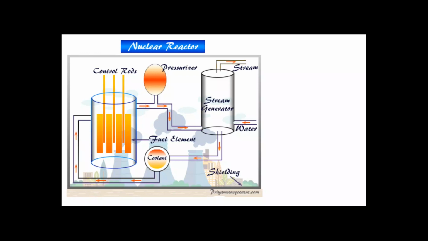And when you move them up, then neutrons from different fuel rods can go into the next fuel rod and then generate more energy by forcing the decomposition of other nuclei. And the heat is used to convert water into steam. And the steam is then under high pressure and is used to turn a turbine.